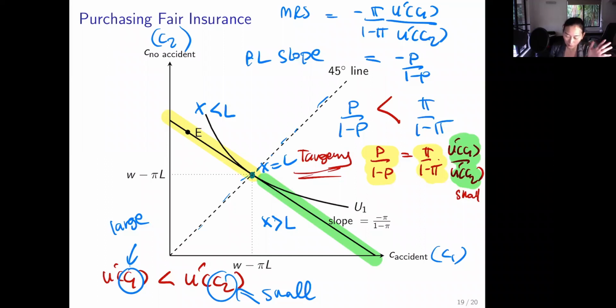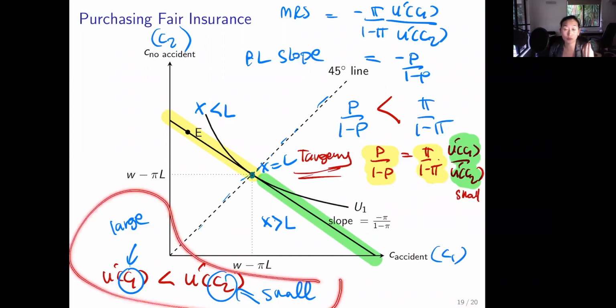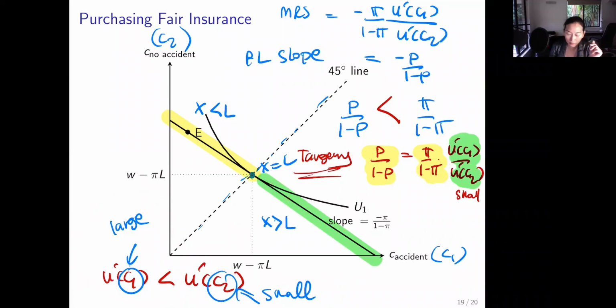Once you find the relative relation between C1 and C2, you can tell that if it's here, the person will under-insure, and if it's somewhere here, they will over-insure. It also depends on the risk attitude of the consumer.